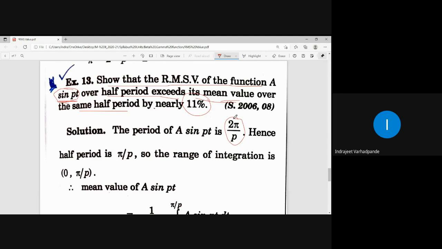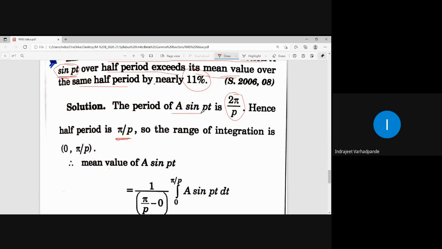But half period लेना है. Half period means half of 2 pi by p. Half of 2 pi by p is pi upon p. So the period of a sin pt is 2 pi by p, but half period बोला है, so the range will be 0 to pi by p. So the range of integration is 0 to pi by p.